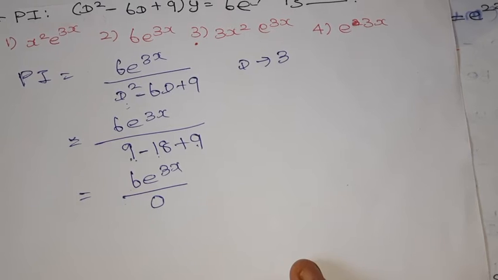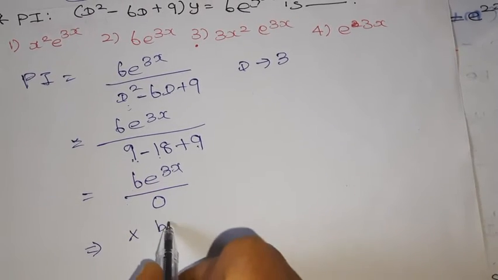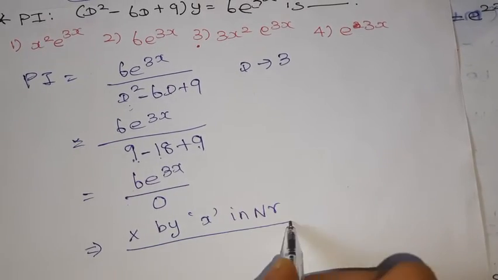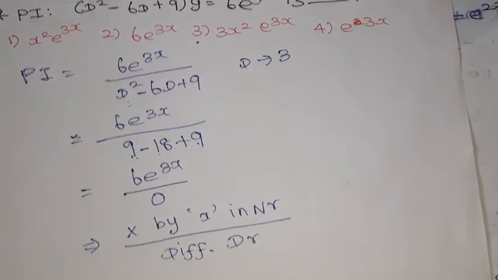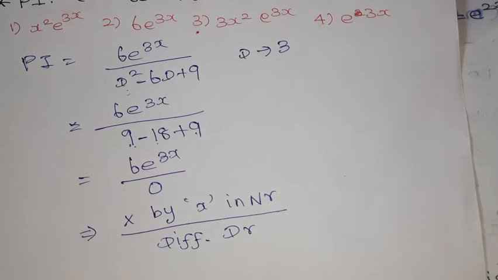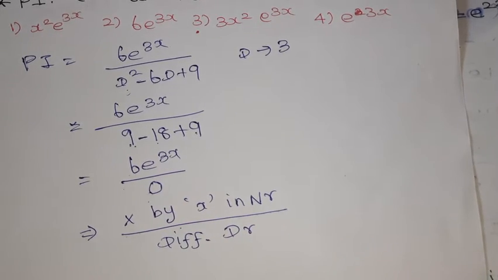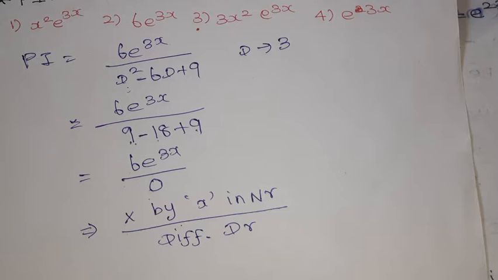Do one substitution: multiply by x in the numerator and differentiate the denominator term. This is the shortcut to proceed to the next step whenever we get 0 in the denominator. As I told earlier, we have explained this very clearly in our previous videos, so kindly check the playlist under engineering mathematics. We have solved many problems.